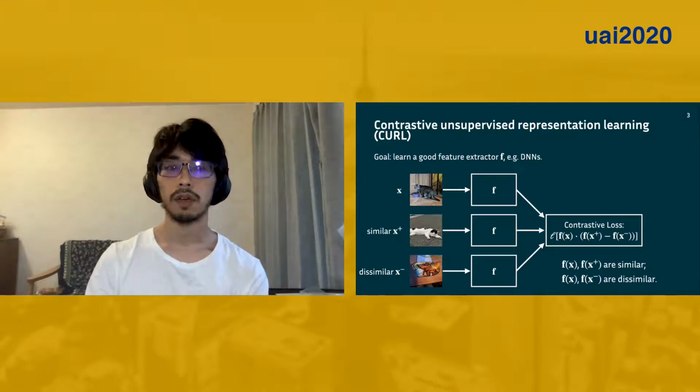By minimizing the contrastive loss, small l, feature extractor f maps x and x plus to similar representations, and x and x minus to dissimilar representations.